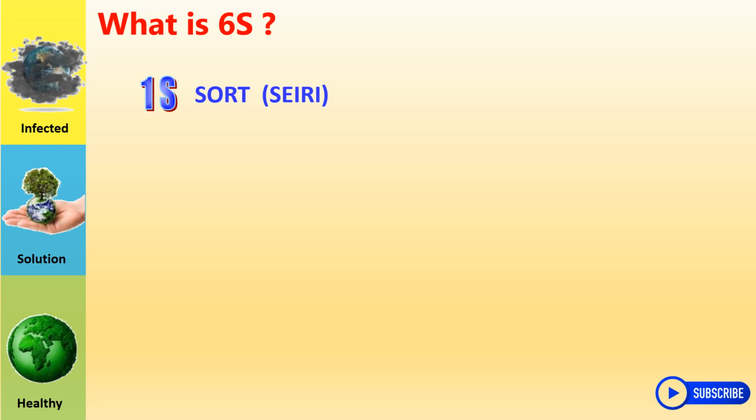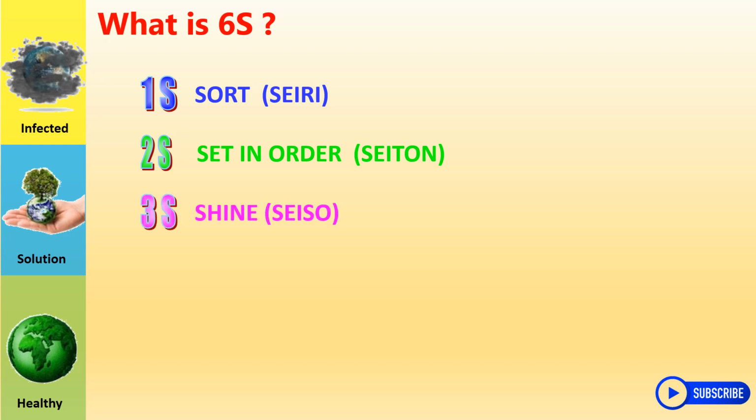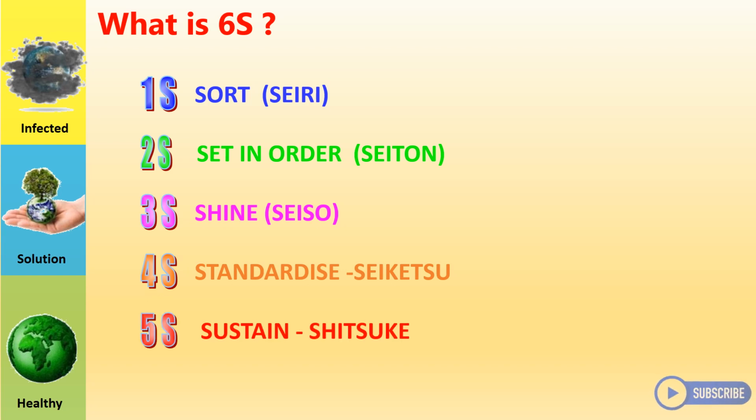First S is Seiri, second is Seiton, Seiso is third S, fourth S is Seiketsu and fifth S is Shitsuke. These 5 have been translated into sort, set in order, shine, standardize and sustain. So at last, safety, the sixth S, is added together, and then it is called 6S.